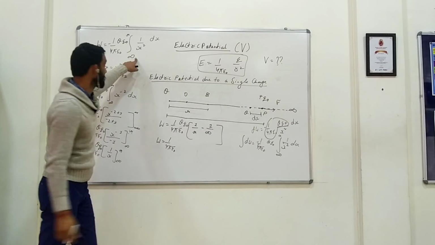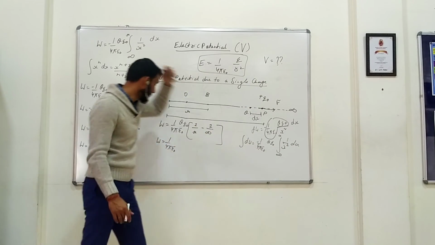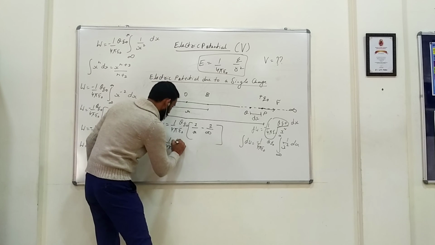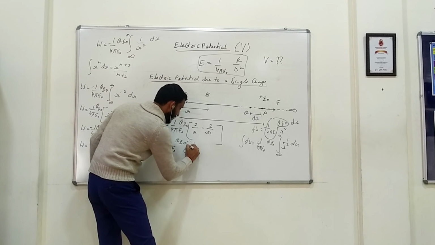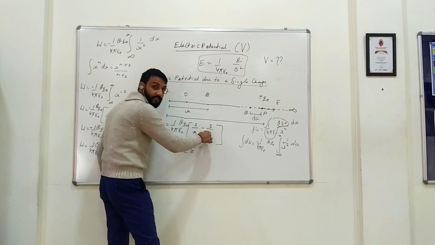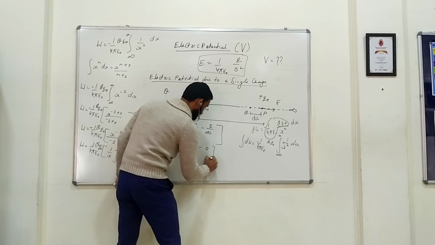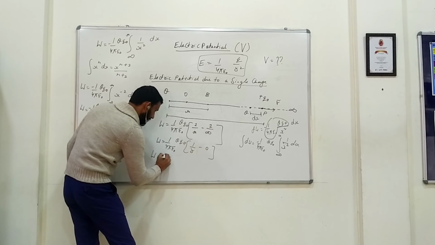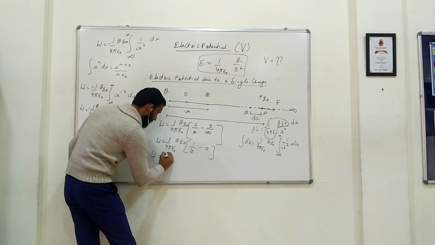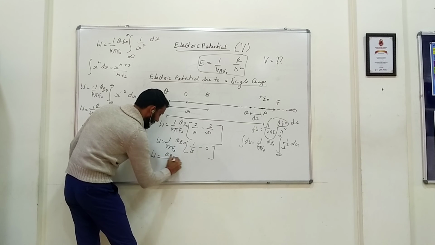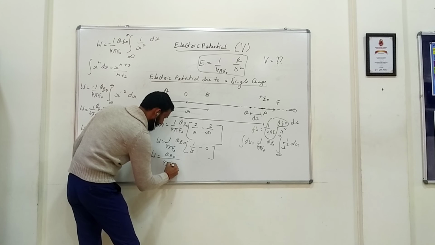That's why this step was there, because we took this as common. So Q Q naught 1 upon r will remain like this. 1 upon infinity is 0. So this will be Q Q naught upon 4 pi epsilon naught into r.